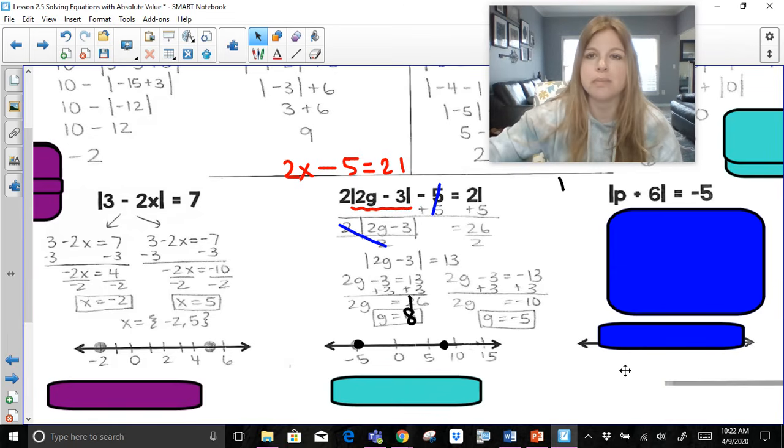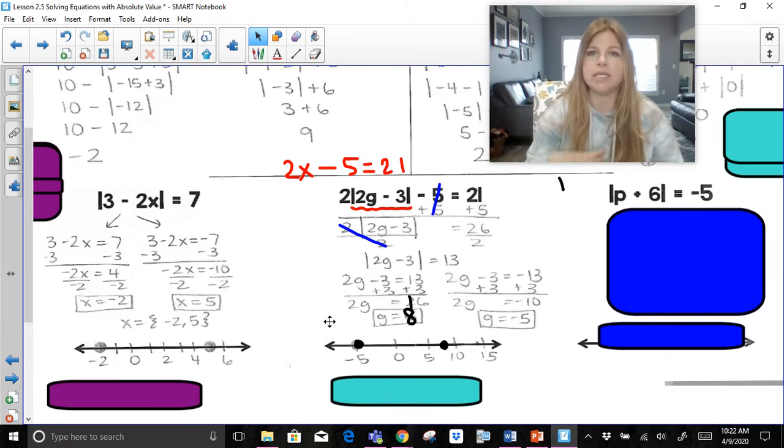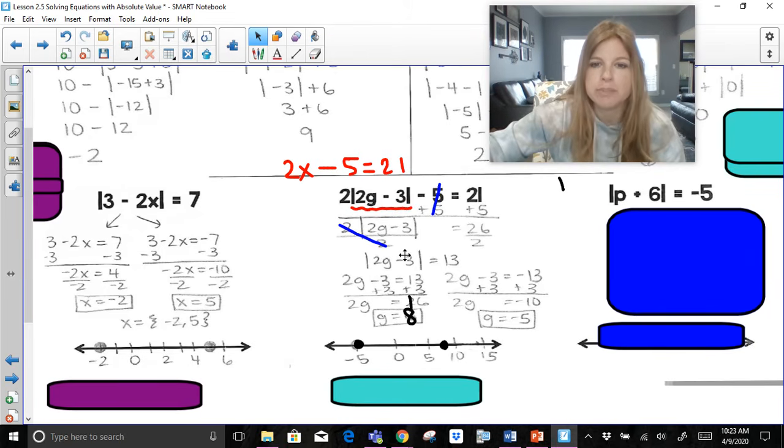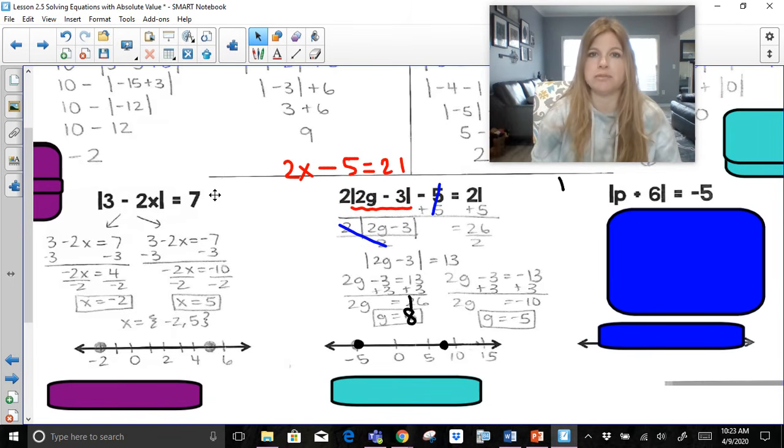Last one, okay. Something I haven't mentioned yet is that when you're dealing with absolute value equations, you have to make sure it makes sense. You have to make sure, could you take the absolute value of something and get 13? Sure. Could you take the absolute value of some number and get 7? Sure. Because the absolute value of anything is always positive. Say it with me.